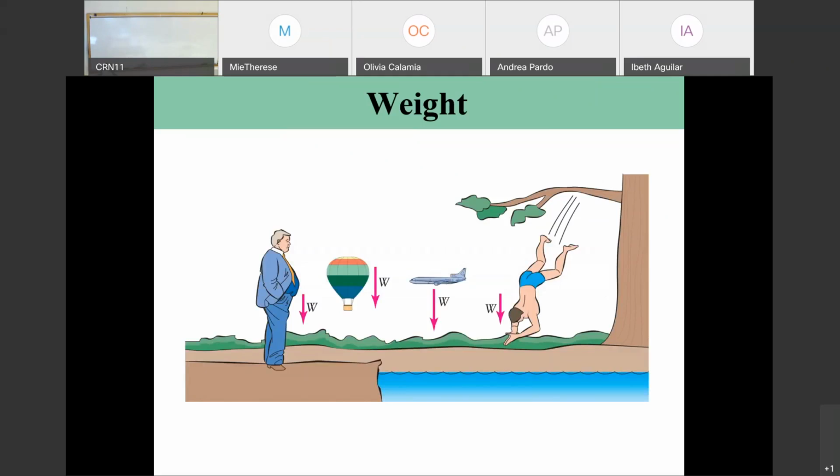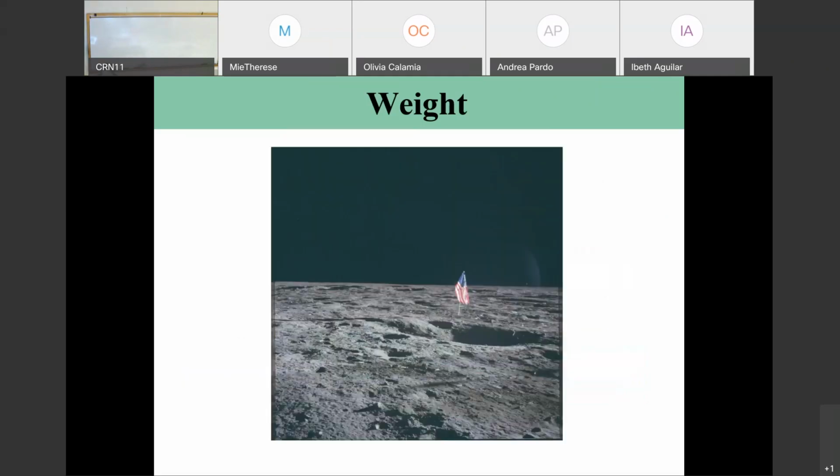Now, the force of gravity is obvious. When we look around, we use those concepts to differentiate how a person walks here on Earth and how the astronauts were walking on the surface of the moon, because the gravity is much less, it's 1/6 the gravity of the Earth.